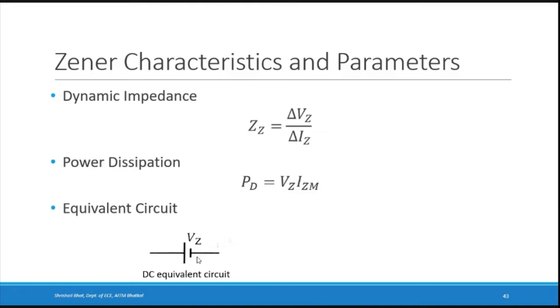The Zener diode can be replaced with VZ. If you consider the AC equivalent circuit for changing values of currents and voltage, you can consider a constant VZ, then the Zener impedance ZZ in series with it. That will make up for the changes that you might find in the values of voltages and currents. These are the equivalent circuits.